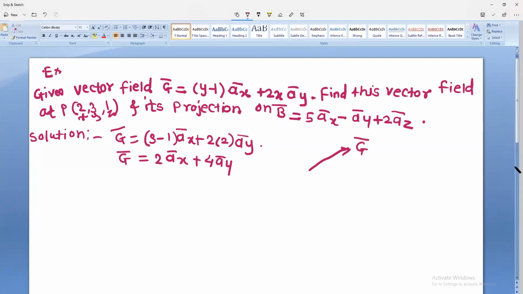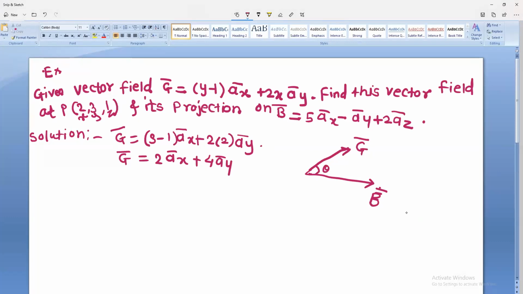Okay, and we have to find projection of vector G bar on vector B bar. Okay. On vector B bar. So this is angle theta.